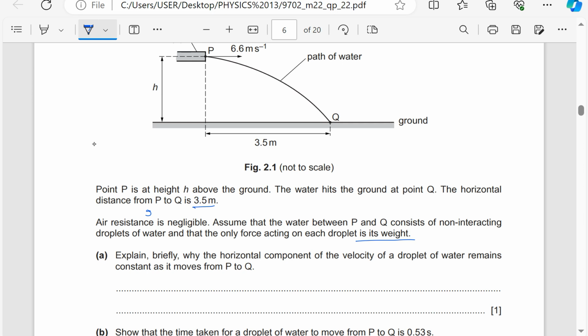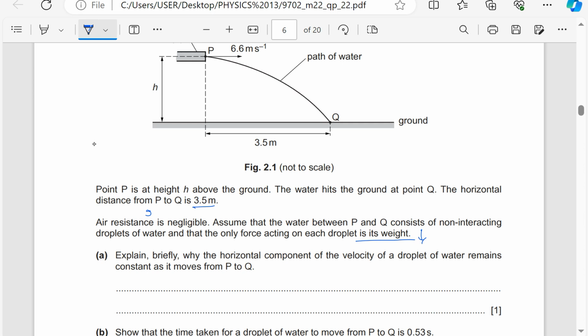Explain briefly why the horizontal component of the velocity of the droplet of water remains constant as it moves from P to Q. So since the only force acting is the weight, which acts vertically downwards, that means there's no force on the droplet in the horizontal.